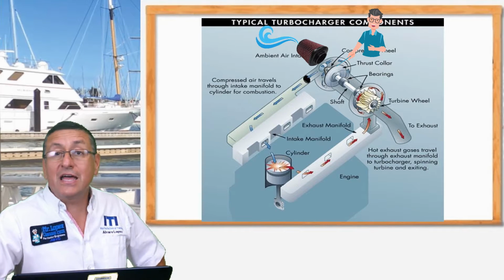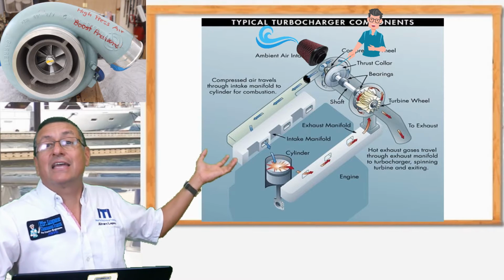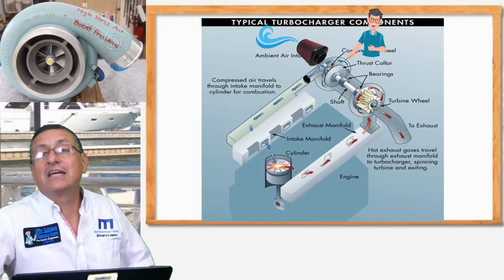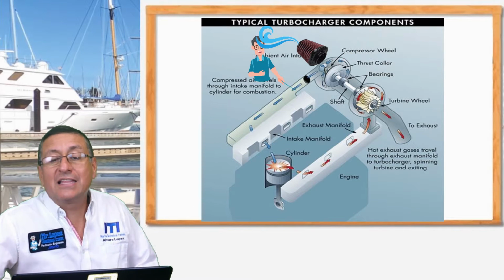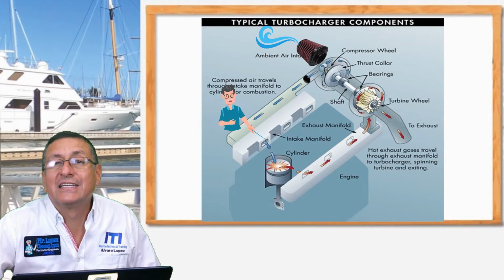The fresh air enters because the turbine is spinning on the other side with the blades in opposite direction and sucks the air, and the air is compressed and introduced at high pressure into the combustion chamber.